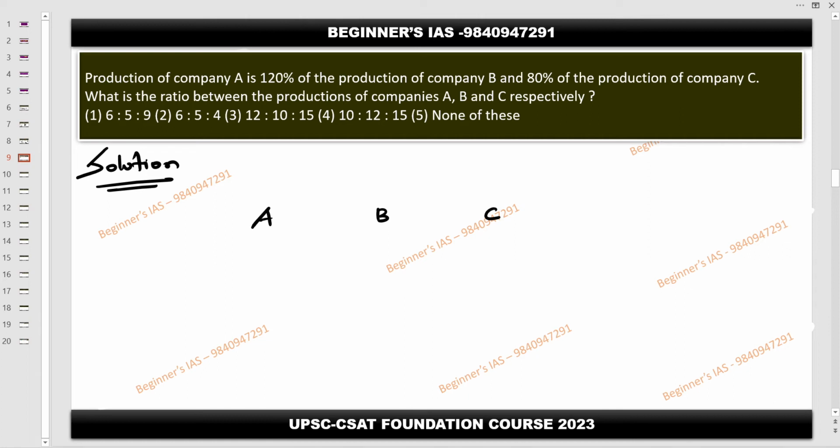So how could you calculate that? What is the production of company B? Shall we take company B as 100? If you are taking company B as 100, now production of company A is 120% of the production of B and 80% of the production of C. Then how could you calculate this one?